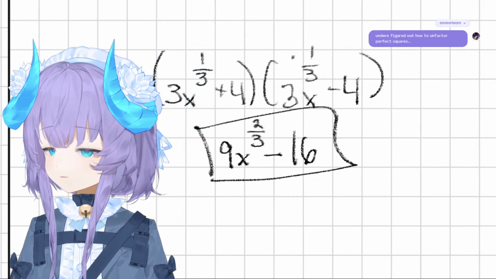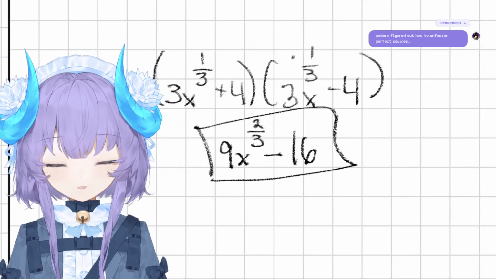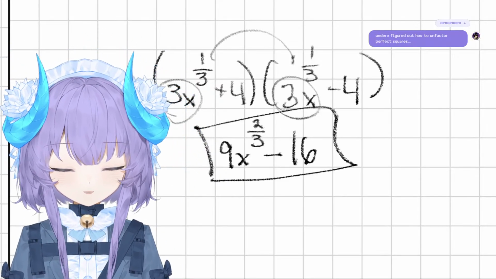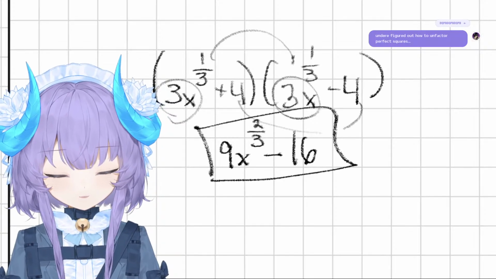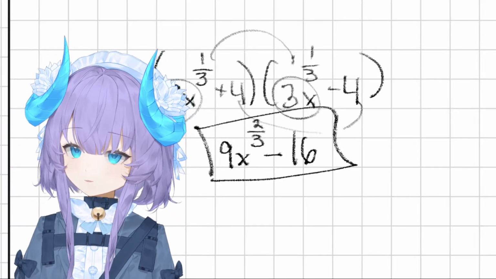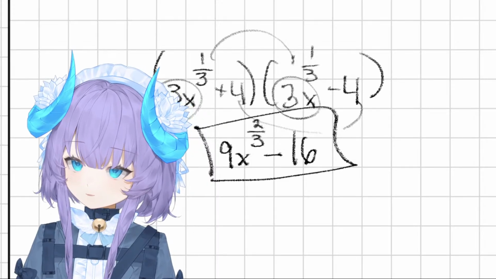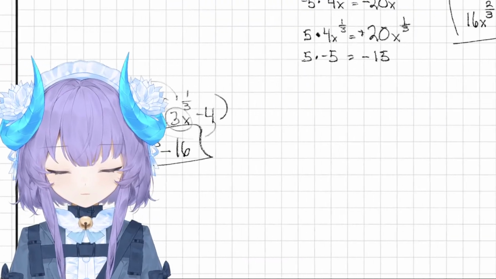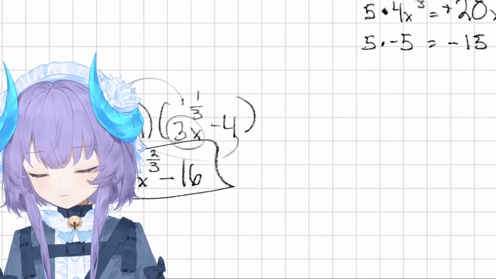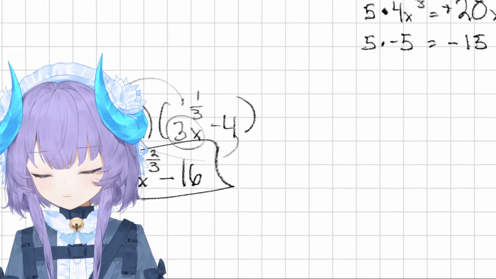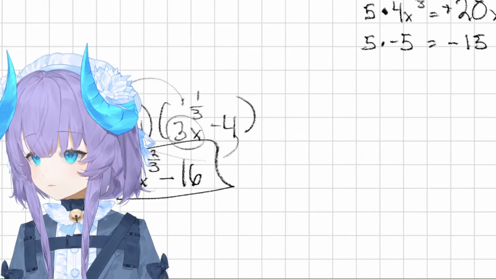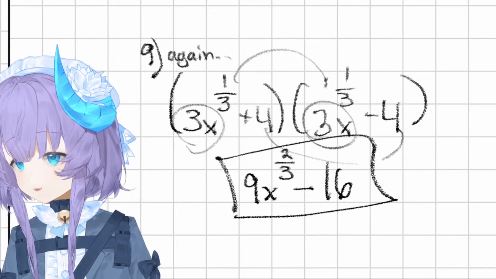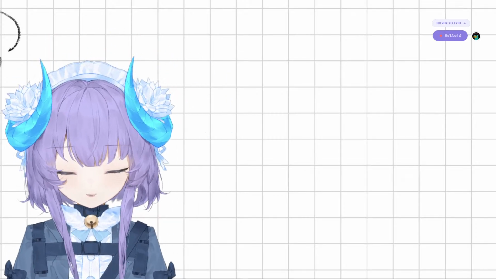It just times this and these, and then times this and this. Wow. I wrote a 9 again. Okay, now we're on to 10.